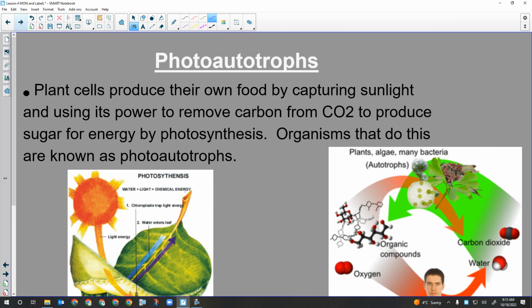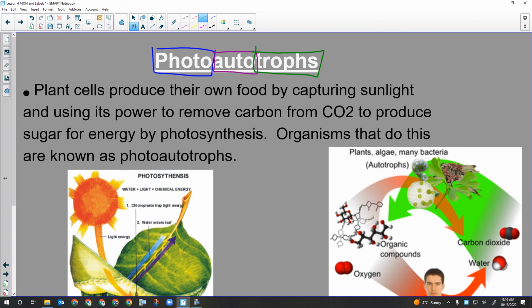Next word, photo. Photo means light, auto means self, and troph means feeding. So light, self-feeding. Anything that is photosynthetic is a photoautotroph. There are some organisms that live at the very bottom of the ocean where there is no light that are chemoautotrophs.